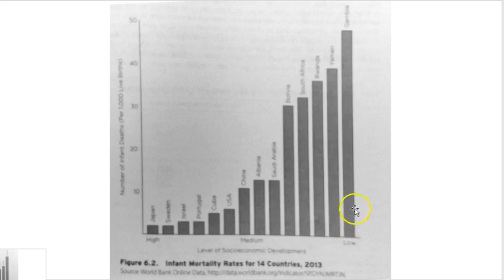On the low socioeconomic development scale, we have, for example, Gambia, and it has an infant mortality rate that hovers just below 50. So you'll recall the rates we were talking about in the United States are all below 10. Of course, there are within-country differences by ethnic status and so forth.